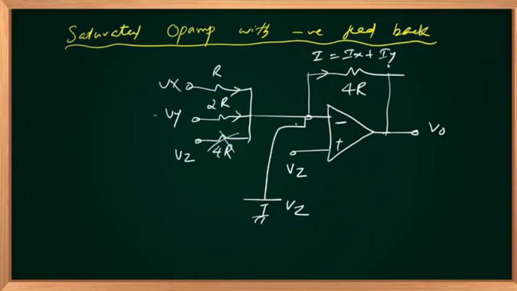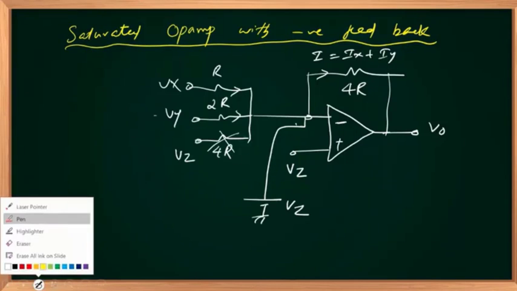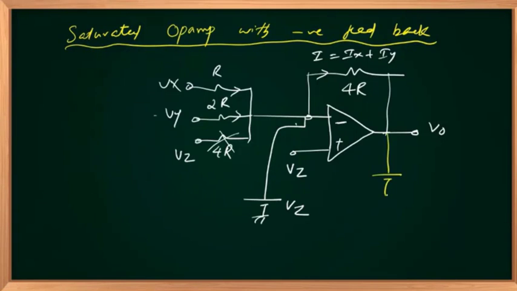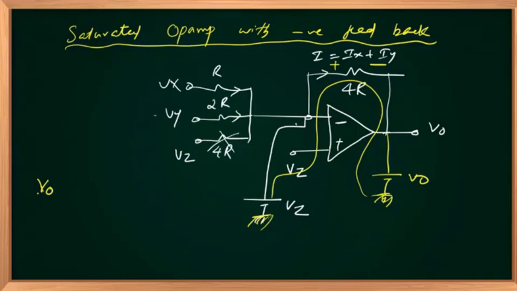So what about my V out? I am going to measure V out like this. What is my V out? I should write KVL around the loop. Polarity is plus minus here, right? Ground, I should reach ground. So negative to positive plus V out, negative to positive plus I times 4R, right?